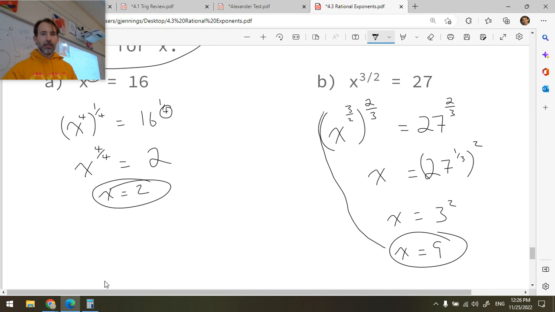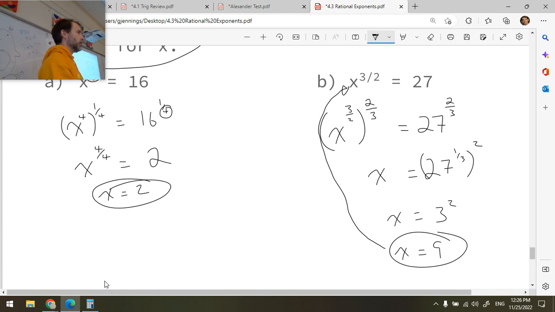Now, go back and test it in your initial equation. 9 to the 3/2. Do it in your head. 9 to the 3 over 2. First, I do 9 to the 1/2. That means find me the number multiplied by itself gives me 9.